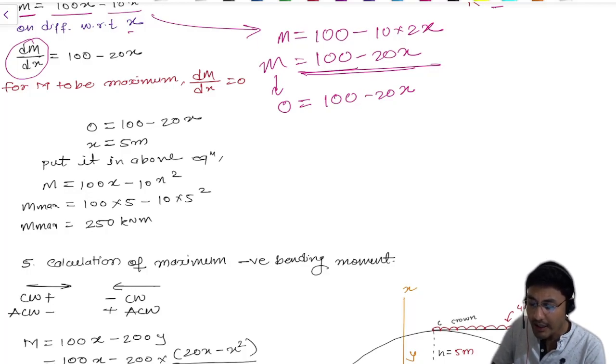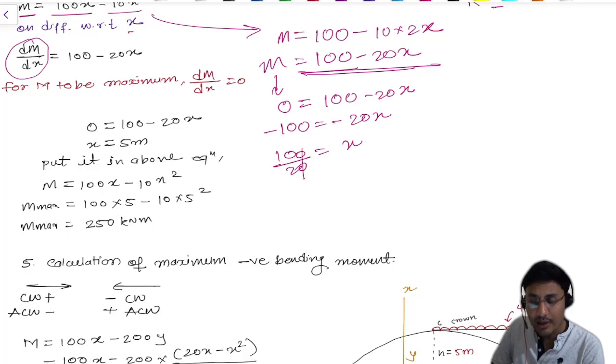So 100 divided by 20. We bring the 100 on this side, so it becomes minus 100 equals minus 20x. Minus minus cancel. So x equals 100 by 20. The 20 is in a multiplication, so it comes in the division. Zero zero cancel, 2 ones are 2, 2 fives are 10. So x equals 5 you got over here.